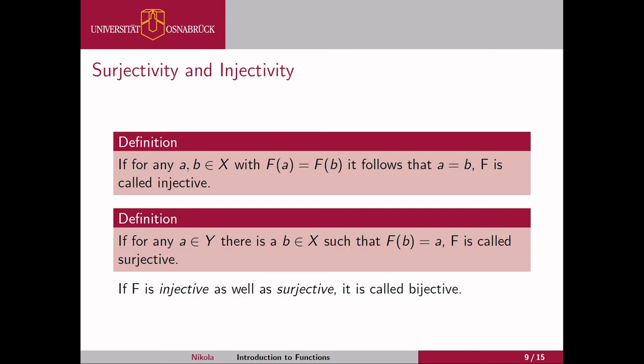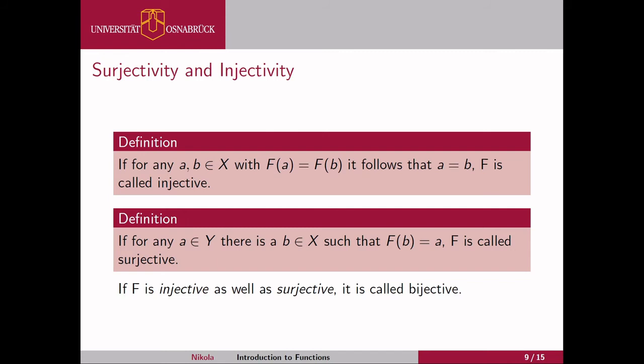The second one is if you imagine an element, let's call it a, of the codomain, if there always is an element b of the domain x such that f of b is equal to a, then we have surjectivity.